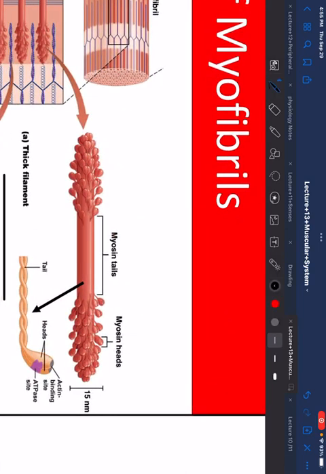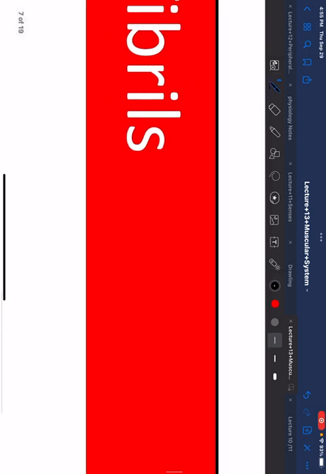If you look at a single myosin protein, it has a head and this tail-like structure. In addition, you'll have another component intertwined with it. So this represents a single myosin protein. This is the tail, and these are the heads.